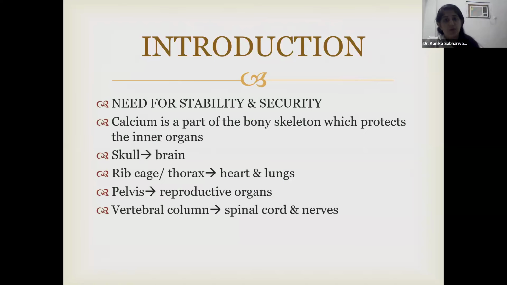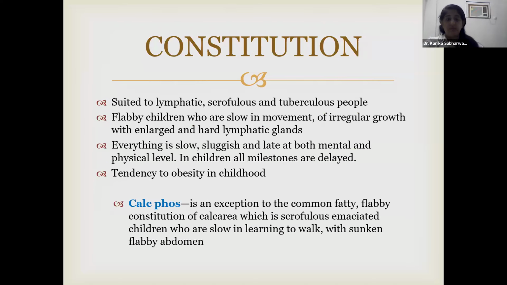So all the delicate organs that are required for survival, all your vital organs, are covered and protected by this external bony skeleton. And that is what you see in Calcarea. Especially Calcarea carb, everybody knows, outer shell, inner delicate oyster. So this is the doctrine of signature.